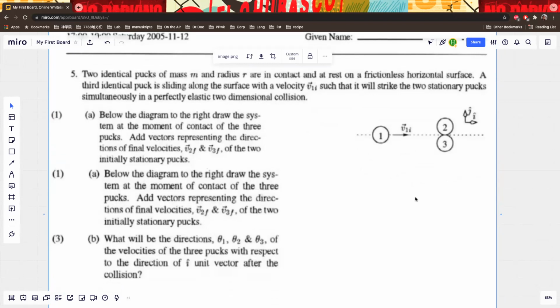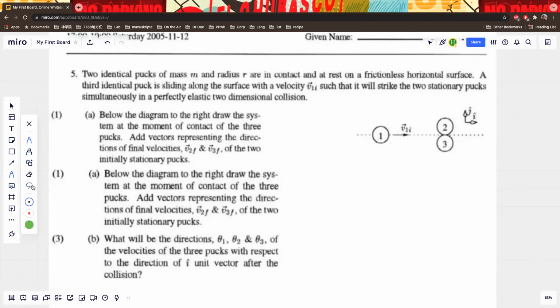So we can draw that right here. It wants us to draw the 3 pucks at the moment of contact.